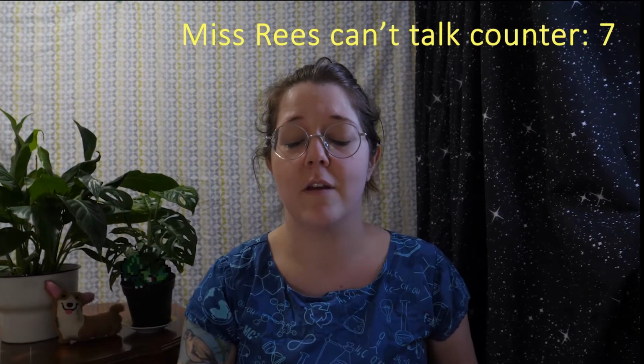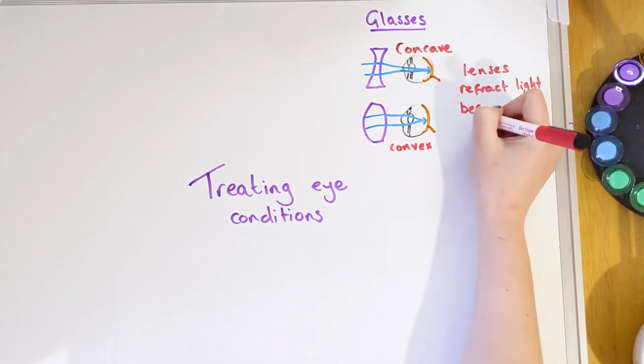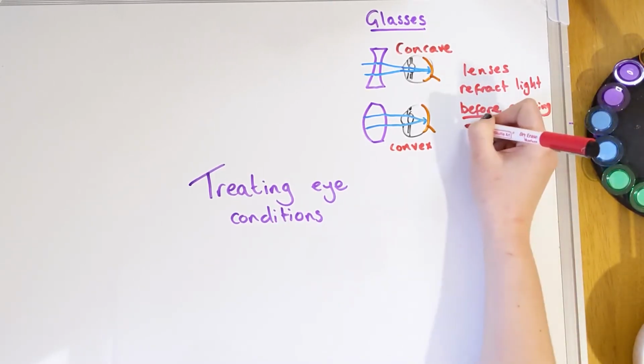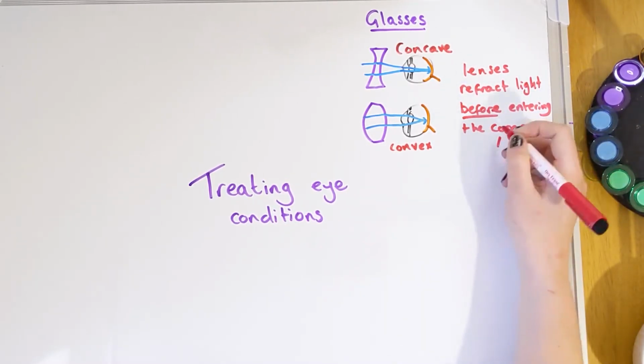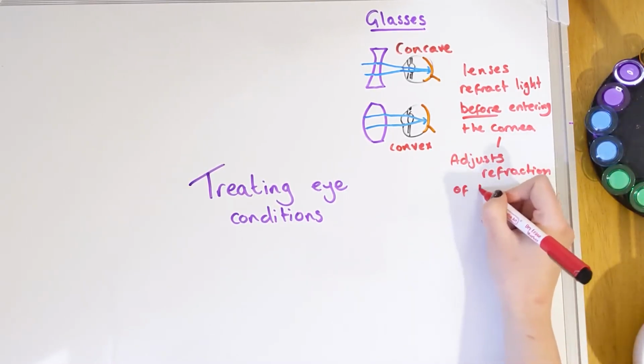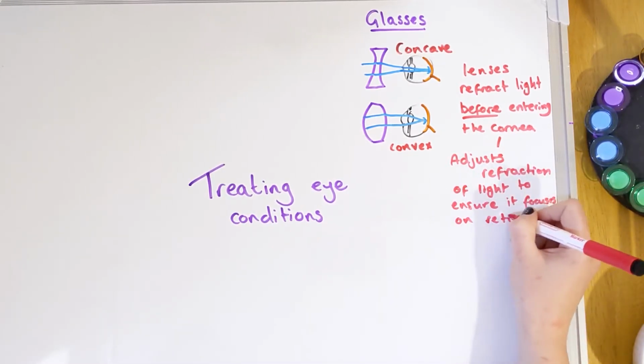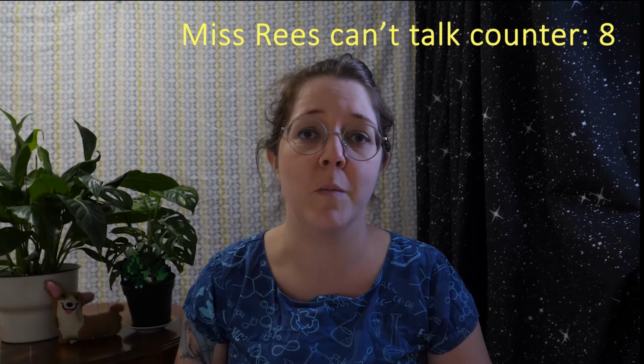The convex lens will make sure that light makes it to the retina rather than the focal point being beyond the eyeball itself. And don't forget, concave is myopia, convex is hyperopia.